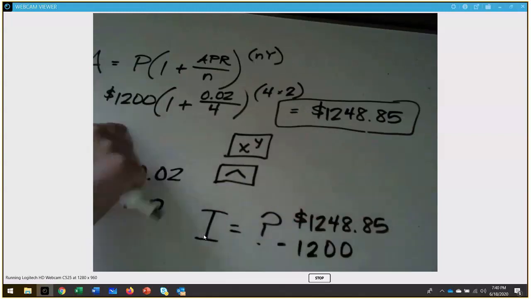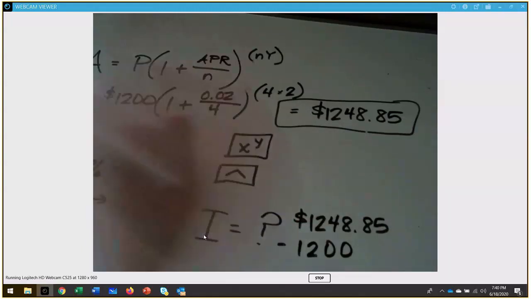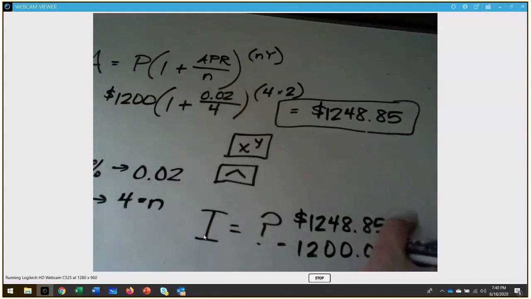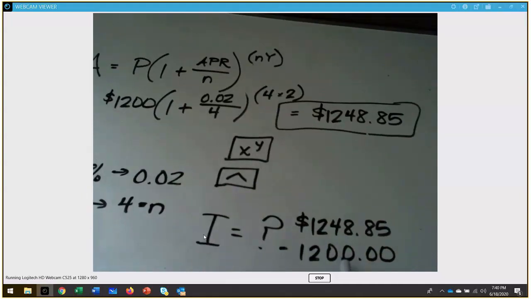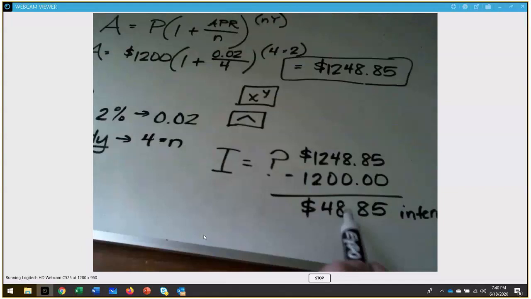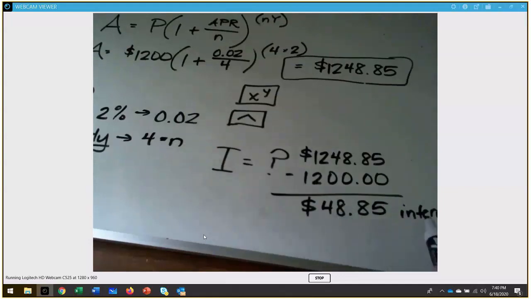That's the principal, what you started with. The difference is interest. If you put $1,200 in and it made $48.85 worth of interest, you ended up with this as a total.